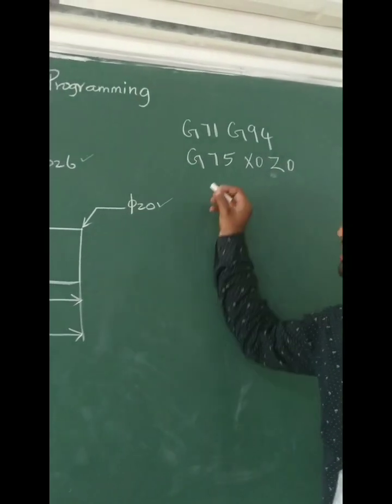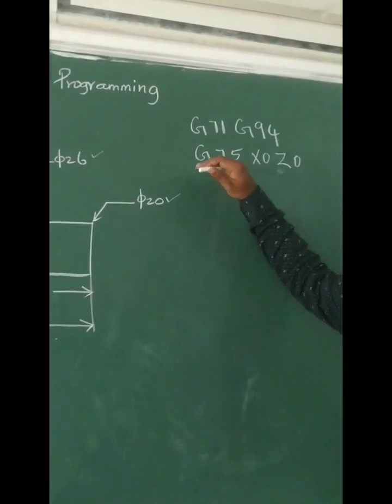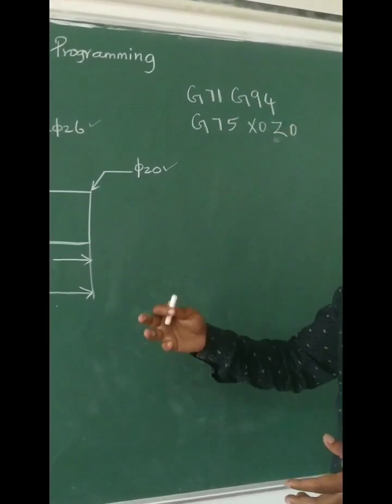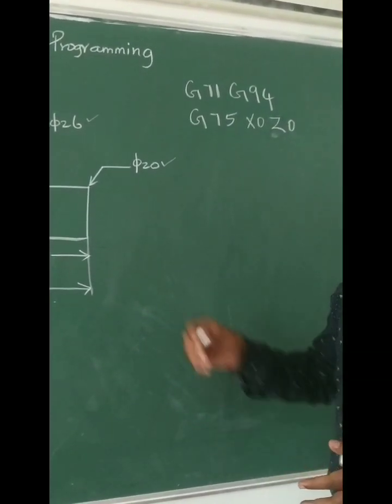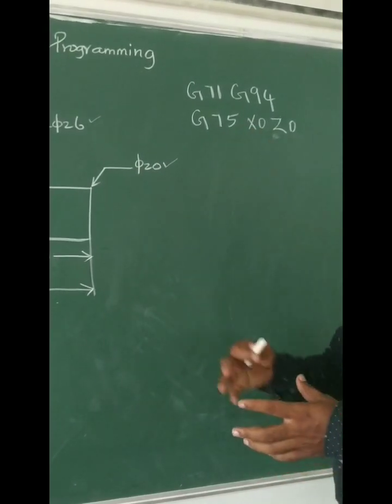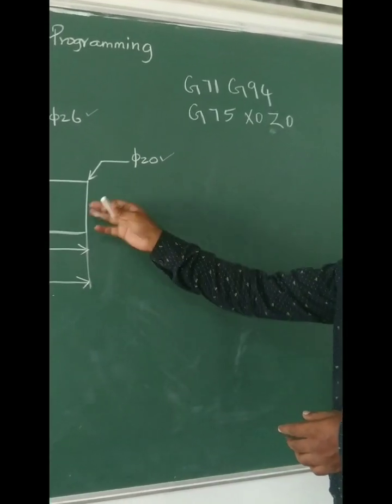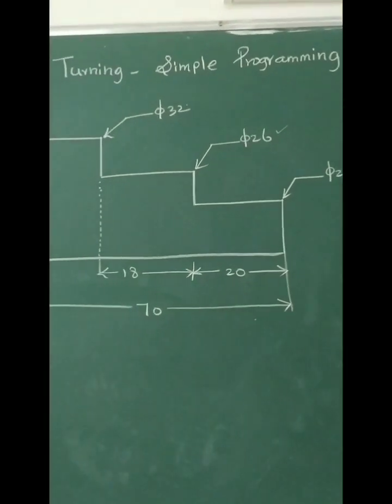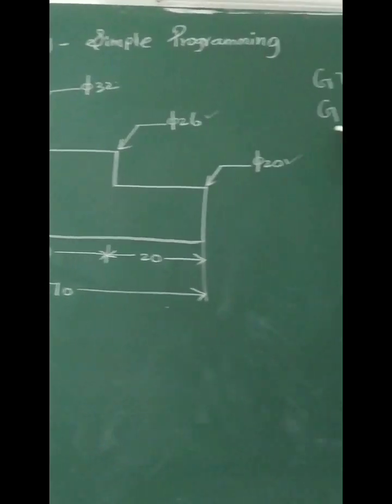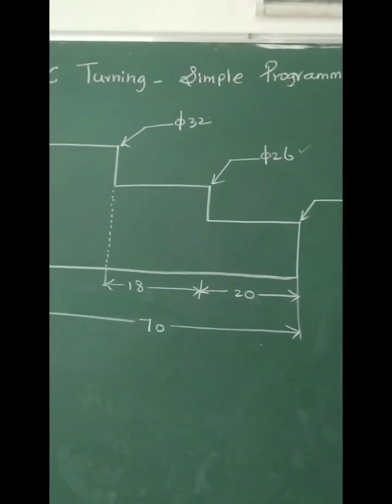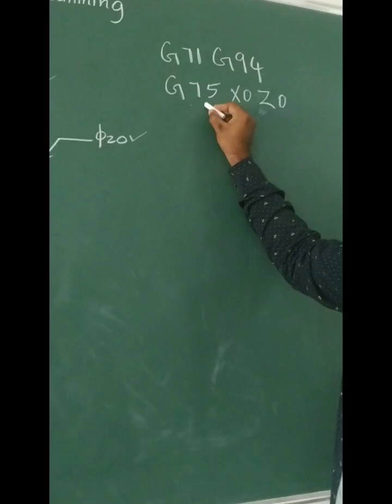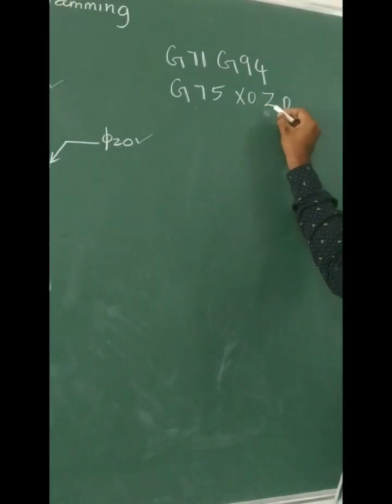Here we have to send the tool to the home position. The tool is in some position and the workpiece is in some position, so to avoid collision between the tool and the workpiece, we have to start the program from the home position. So it is the G75 command with X0 and Z0.